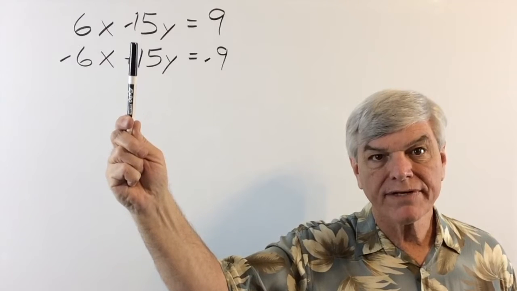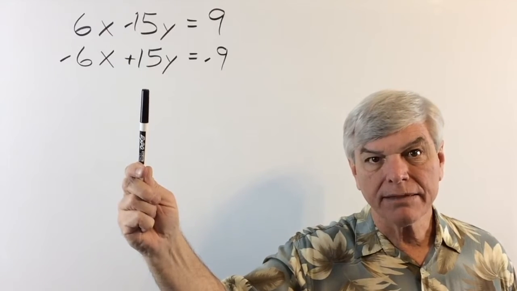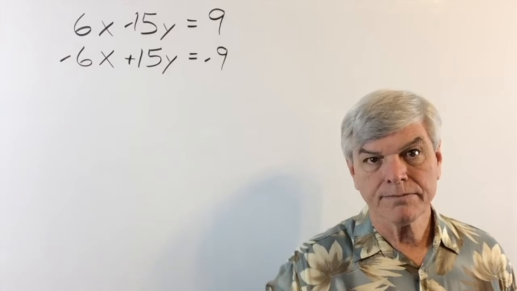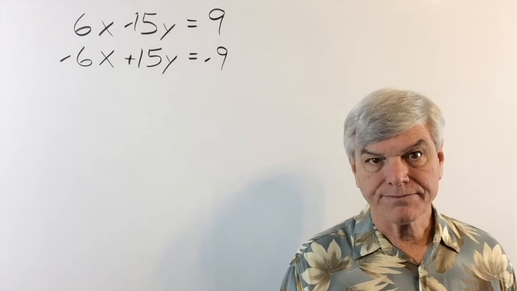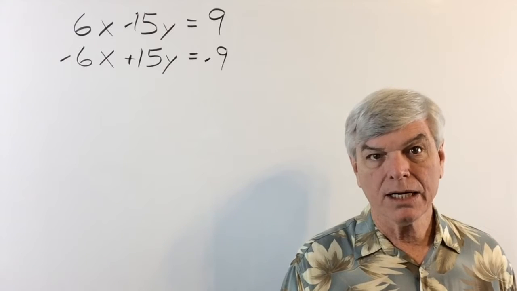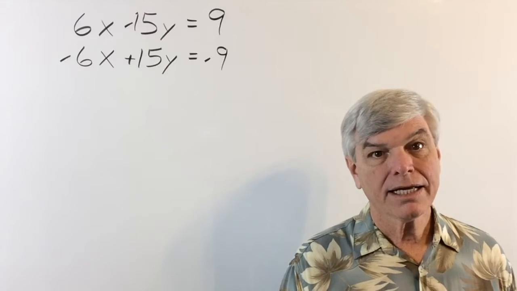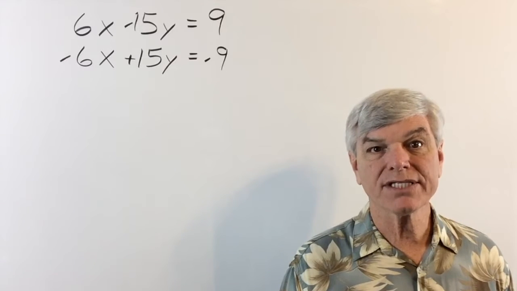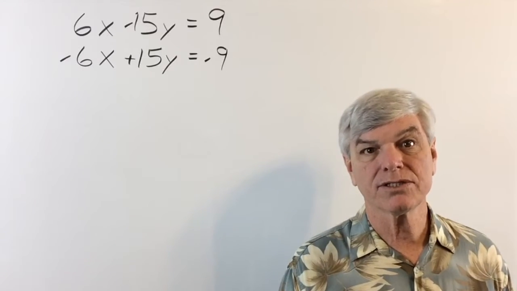We're going to have positive 15y here, same. And we're going to have negative 9 here, same. So what do we have? We have the same line. What does that mean? That means we have an infinite number of solutions. When we have the same line, we have an infinite number of solutions.